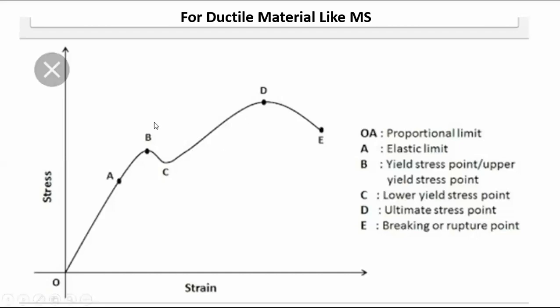Now coming to point B. Point B is the upper yield point or upper yield stress point, you can call it anything. That means from point A to B, you are still applying load. This stress strain diagram is actually an engineering stress strain diagram, that means the engineering stress strain curve.